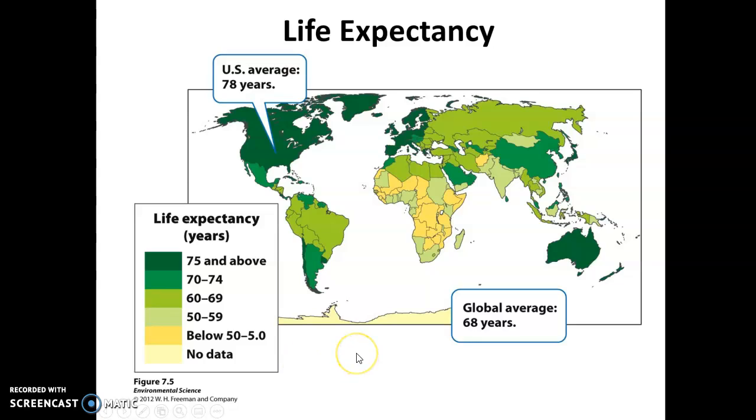Okay, so in the United States, the average life expectancy is 78 years. And you can see that, and that's true of many developed nations. But as nations are less developed, the life expectancy is lower. So one of the key points I want to point out here is that these are averages.